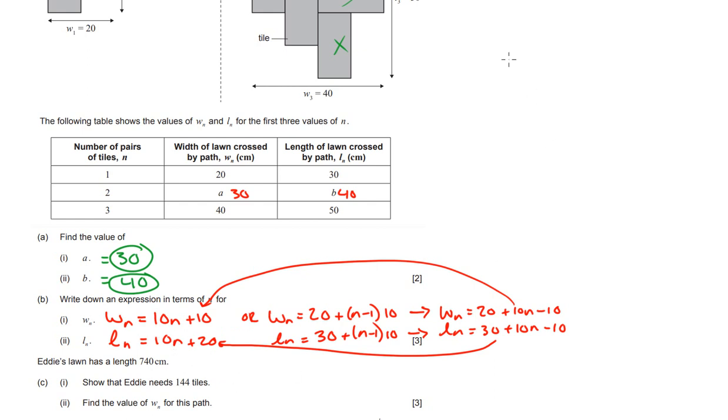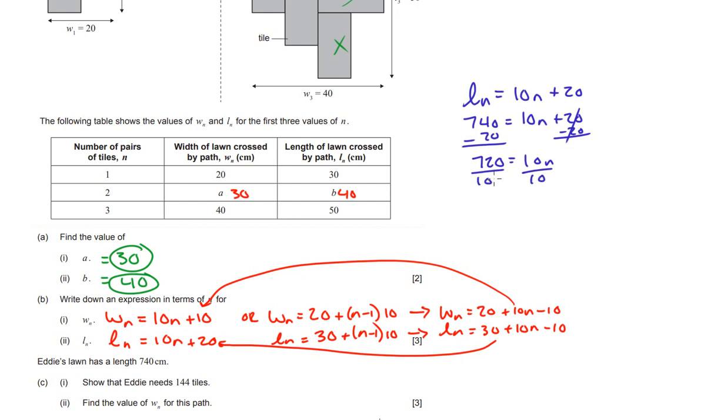Now, since we know the length is 740, we're simply just going to plug in 740 for Ln and then solve for n. Right? So we subtract 20 from both sides. And we get 10n equals 740 minus 20 is 720. Divide both sides by 10.